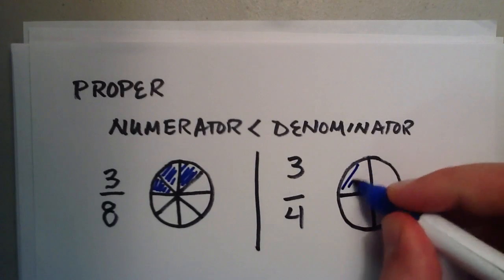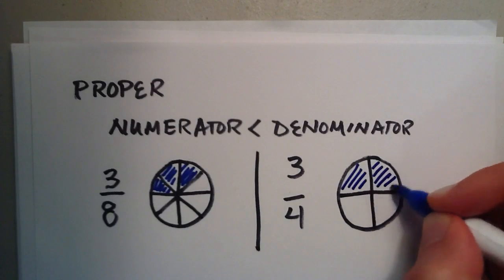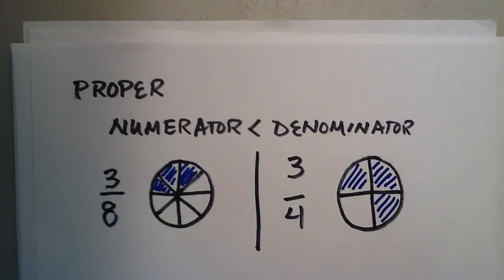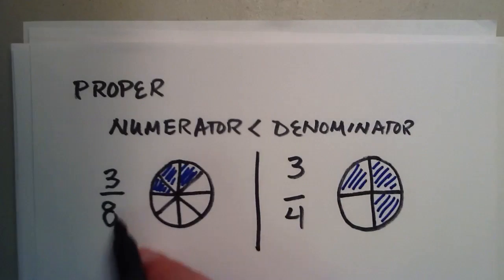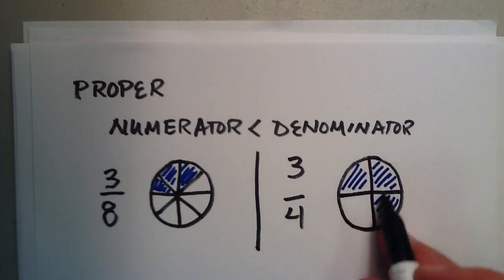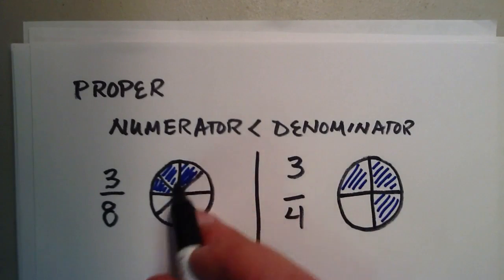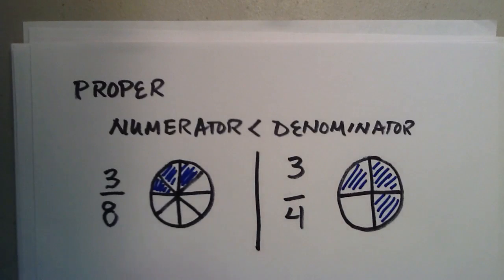So we're going to go ahead and color in 3 again. So as you can see from this diagram, the number 3/4 is greater than the number 3/8. It takes up more of the unit. Each one of these units represents the number 1. Okay, so that's a proper fraction.